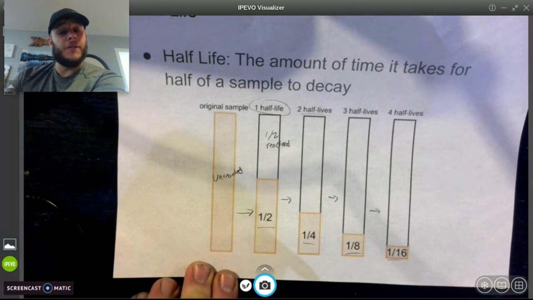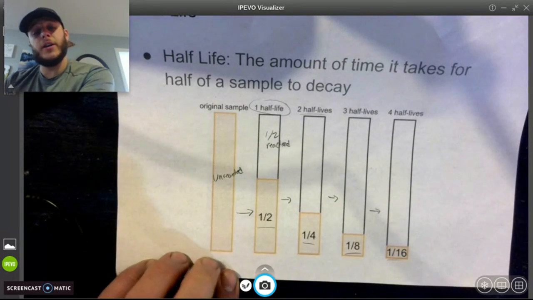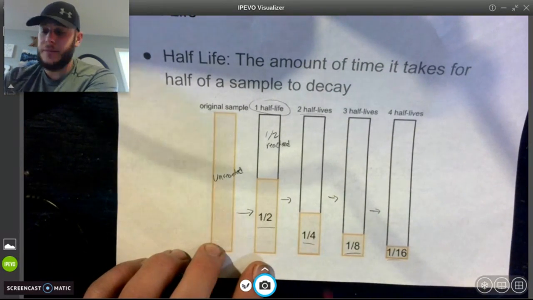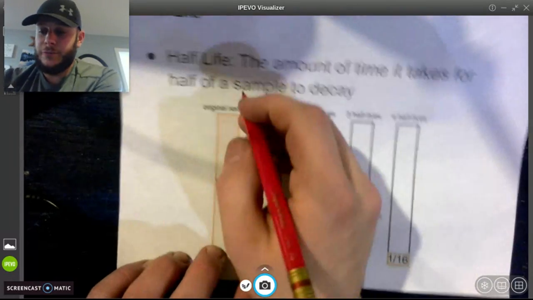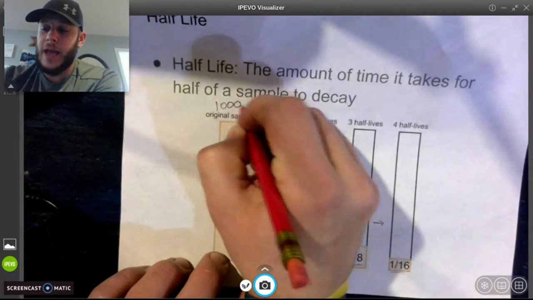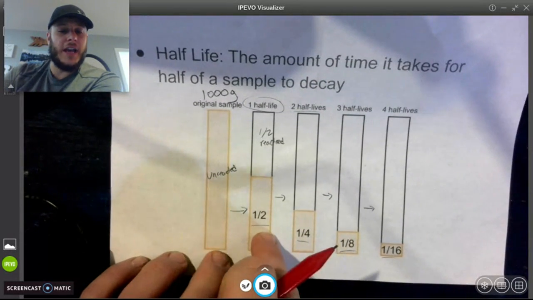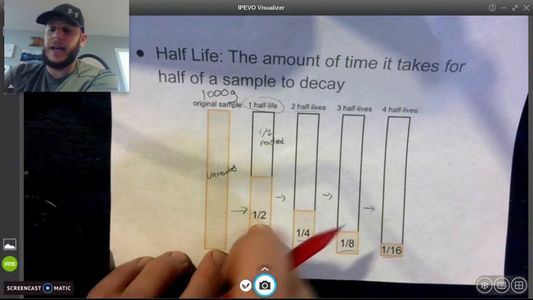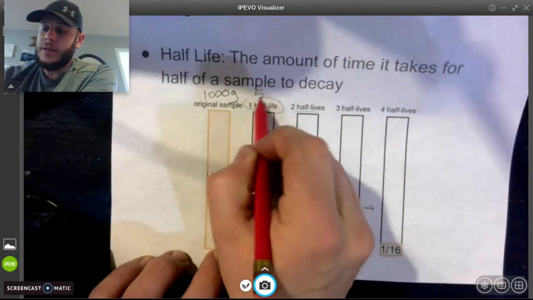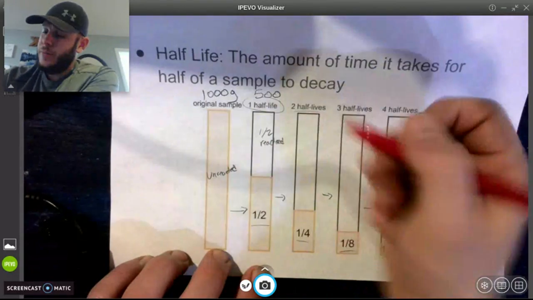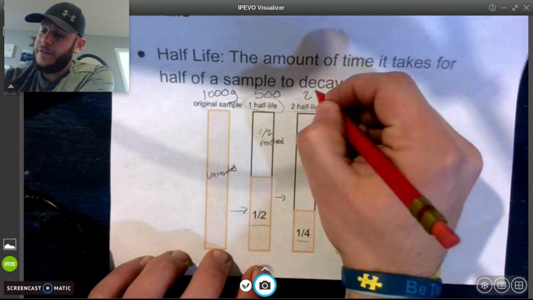And so we're going to look at it in fractions, but we could also look at it in grams. In this general statement, it's not been given, but for instance, let's say we had 1,000 grams to start with. Well, if after one half-life I have half of the original unreacted sample, that would be 500. And after a second half-life, a quarter, that would be 250.